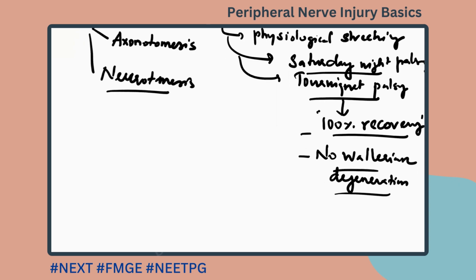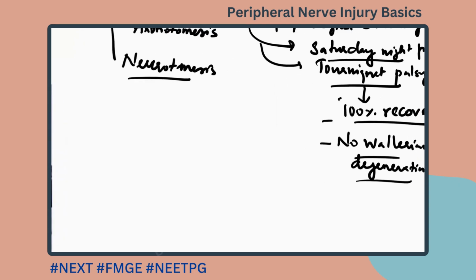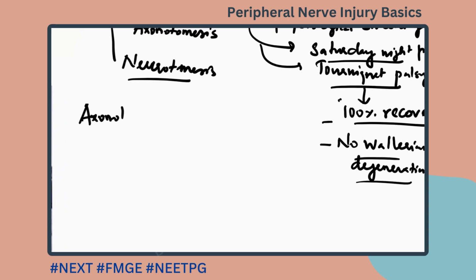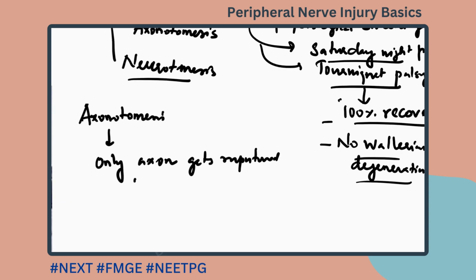Now, what happens in axonotmesis? In axonotmesis, only the axon gets ruptured. So what is surrounding the axon? The endoneurium, perineurium, epineurium. All the sheaths remain intact.